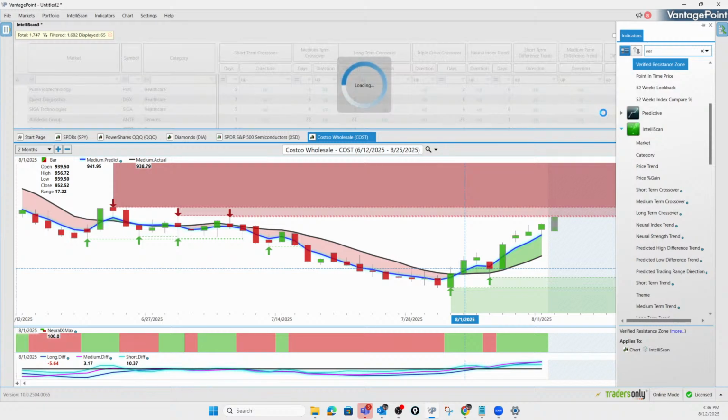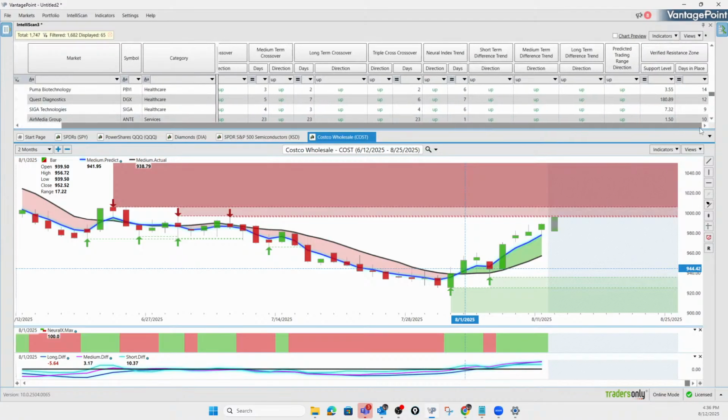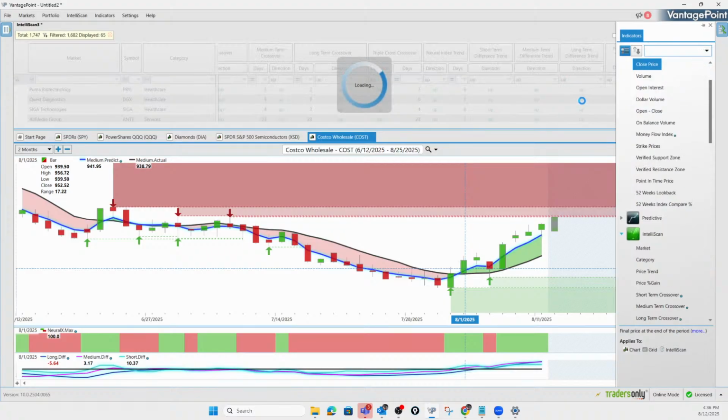So we can add that to IntelliScan and see how far away current price is from that resistance level. If you want to talk about a powerful way to find opportunities that meet your trade setup, this is a great way to do that. But not only are you looking for that trade setup, you're using predictive data to do that.